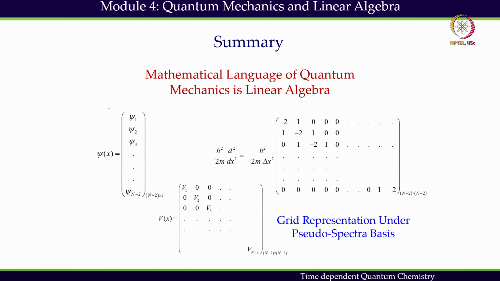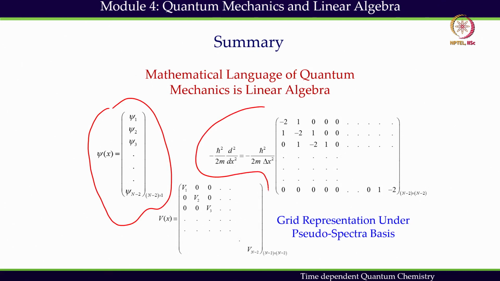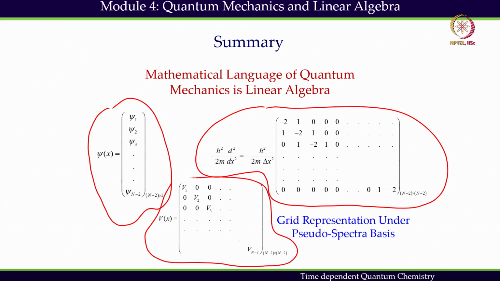This is the general form of the wave function under grid representation. Then this is the general form of the kinetic energy part, and this is the general form of the potential energy part under grid representation. We will stop here and we will meet again for the next module.